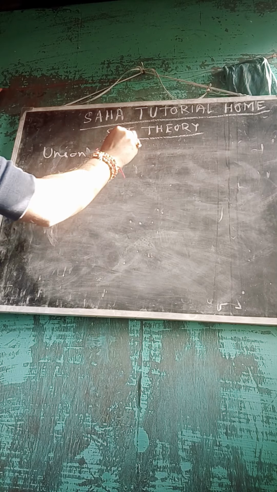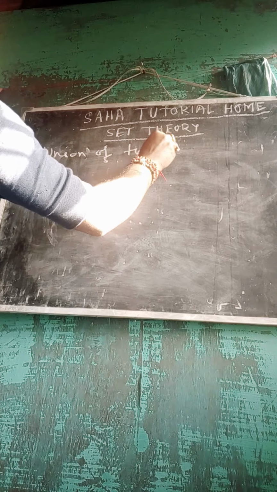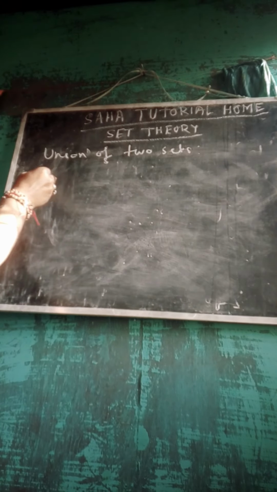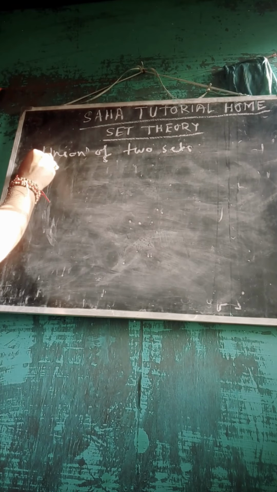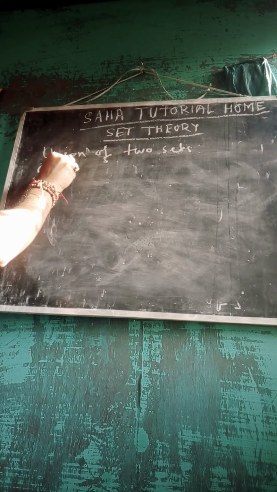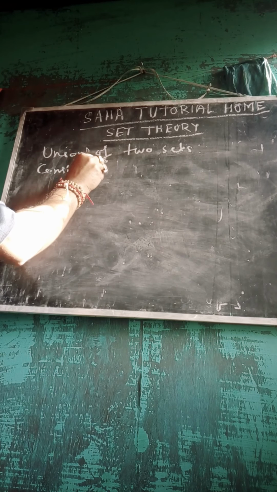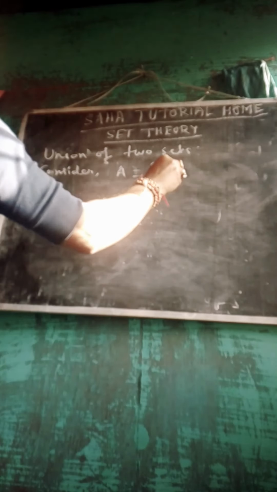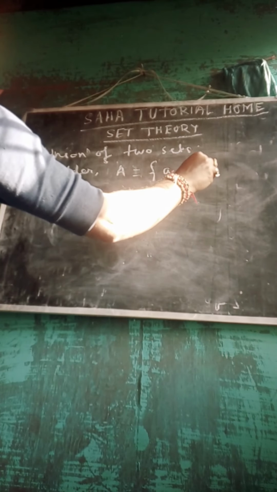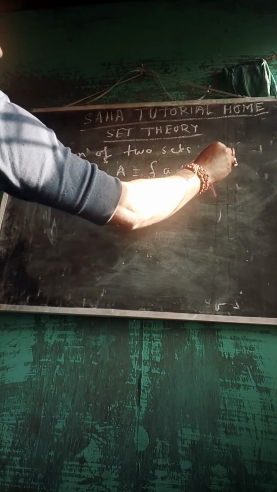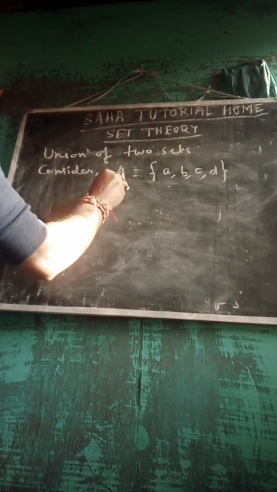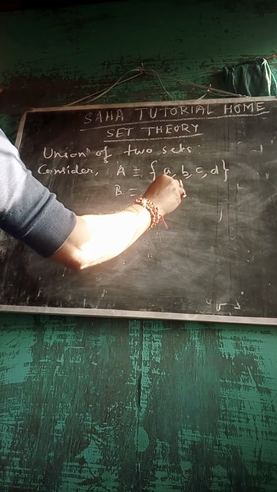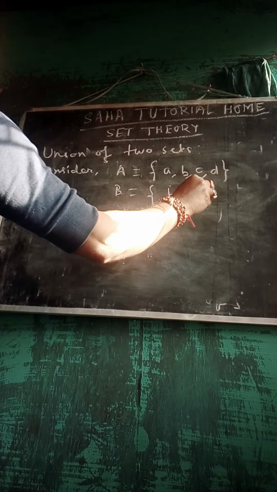We consider two sets. A is defined in this way: A, B, C, D, 4 elements, and the set B is defined by 3 elements: B, E, F.